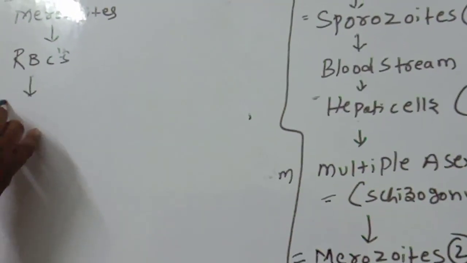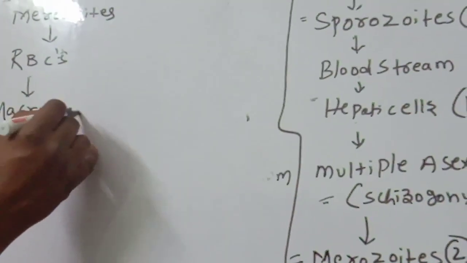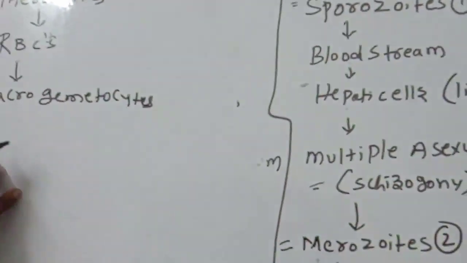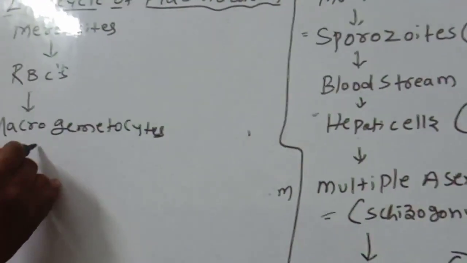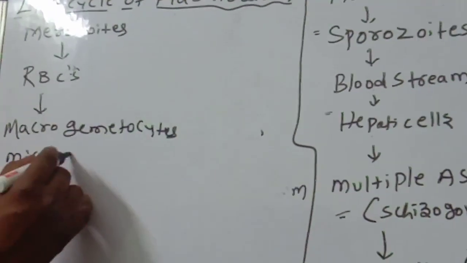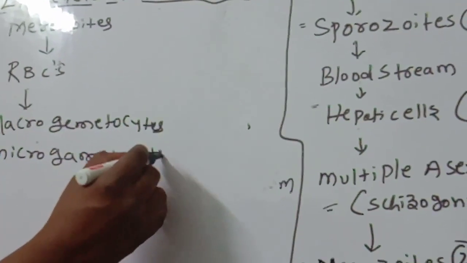They differentiate into macrogametocytes and microgametocytes. So this is very, very important.